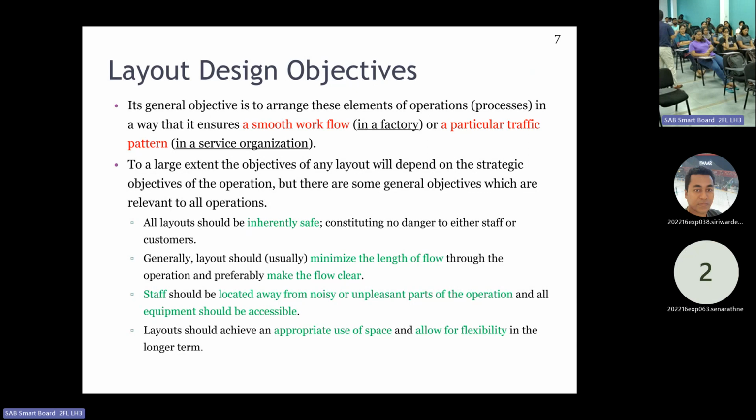Our activities can be smoothly completed. That is the main objective. For a service firm, it says to ensure a particular traffic pattern.